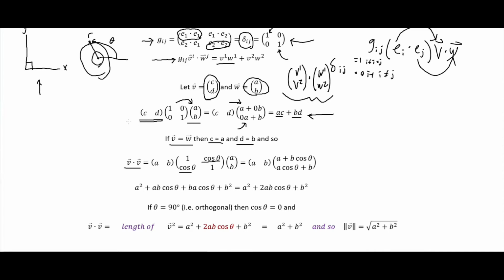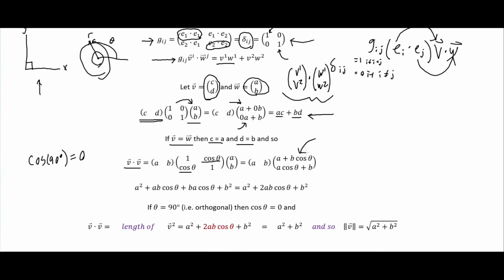So cosine goes in those two off-diagonal entries, because if we have cosine of 90 degrees, which is orthonormal, they will just equal 0. And so those will be 0 if we have orthonormal bases. But if they're not orthonormal, then we actually end up with this.